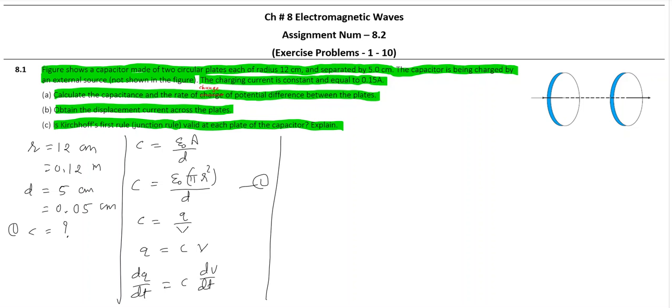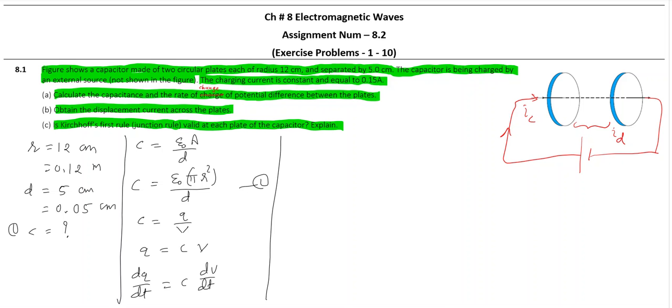dQ by dt is actually, if I consider this circuit to be connected with, say, a battery like this, up to this point you have conduction current IC, and then in this region, though there is no flow of charge, the effect of the changing electric field is just like a current, which we regard as displacement current.